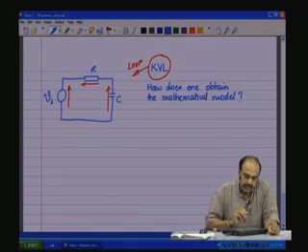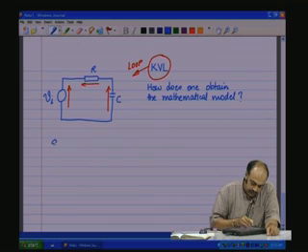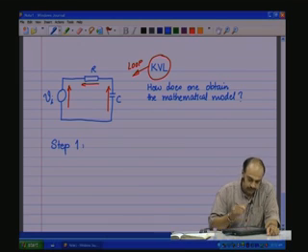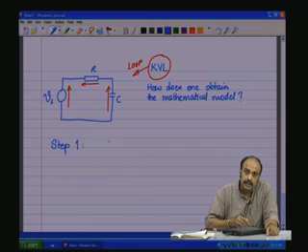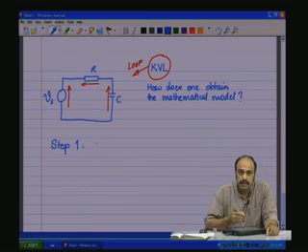So let us go step by step. Step 1. First, after having the circuit and mark this one, identify the energy storing or the memory components.